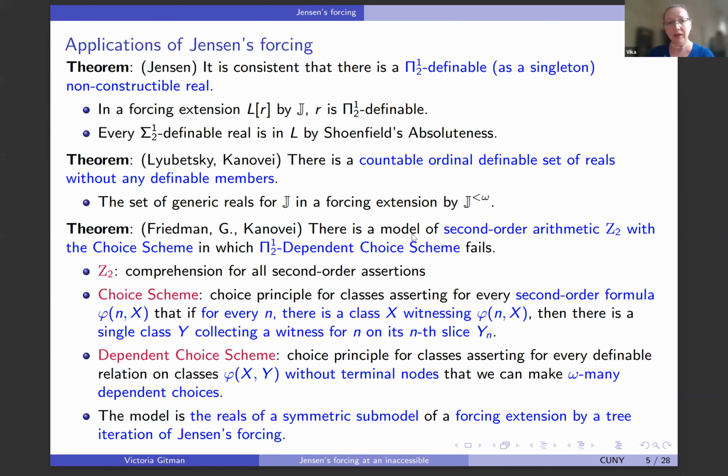And the referee report came back, and it turns out that Kanovei had proved this theorem many years earlier and published it in a Russian journal. And his construction wasn't exactly the same, but it was similar. It also used slightly different iterations of Jensen's forcing. So this ended up being a joint paper because of that. So that is the history of the result.